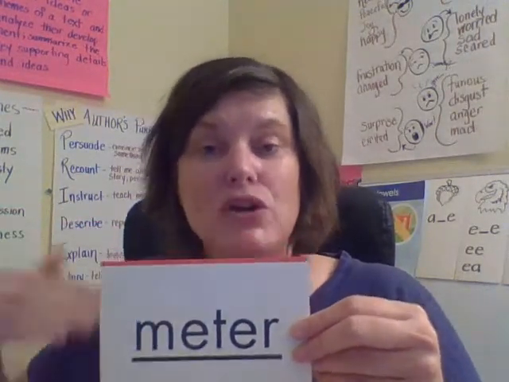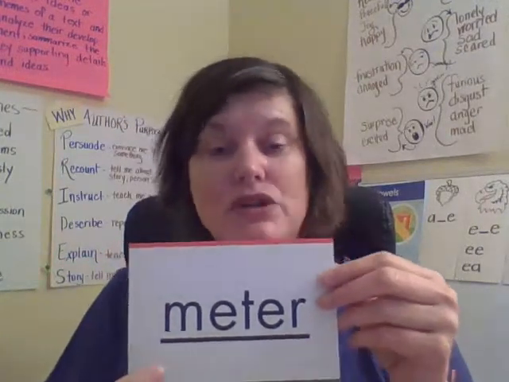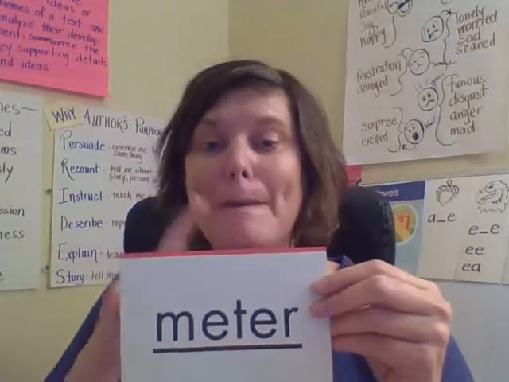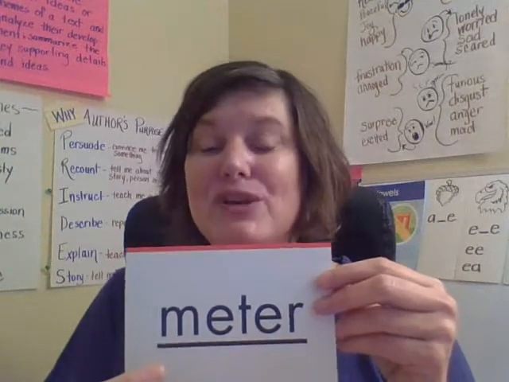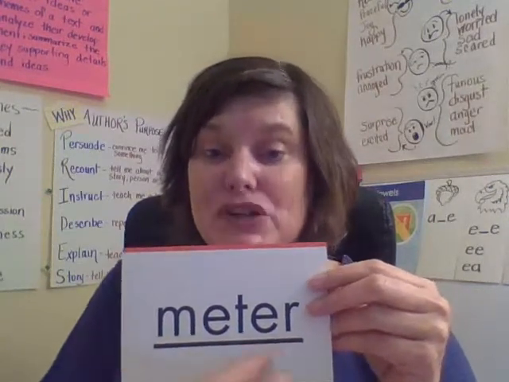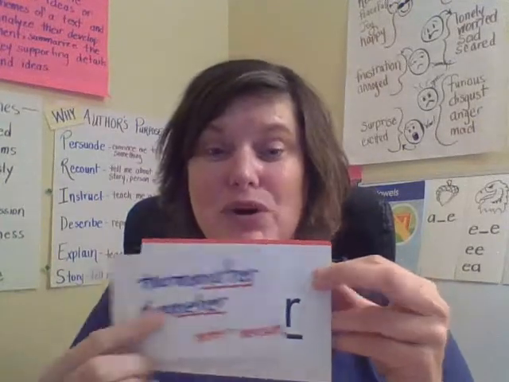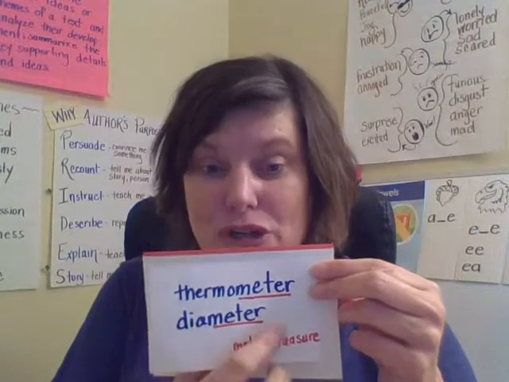Okay, now if you were reading this as the word, it would be meter. We know meter is a standard unit of measurement, and you work on that measurement in math class. But we are talking about the syllable, and you actually pronounce it meter in a multi-syllabic word, like in the words thermometer and diameter.